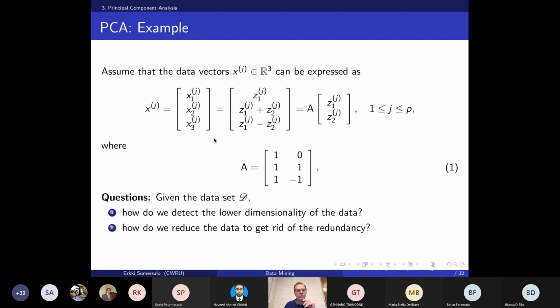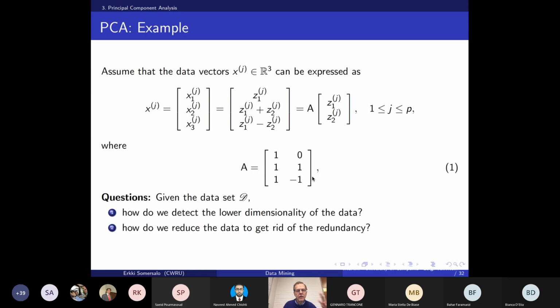That means the data lies in a hyperplane in the space. Since I was given this matrix A, I know how to find that hyperplane. But if nobody tells me this matrix A, so there's no functional form of how this data is formed, how can I find that hyperplane where my data lives? This is the question.